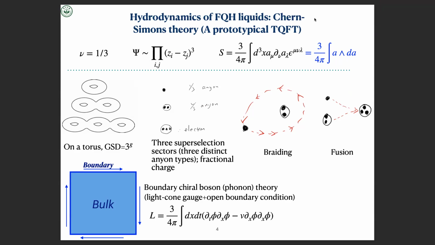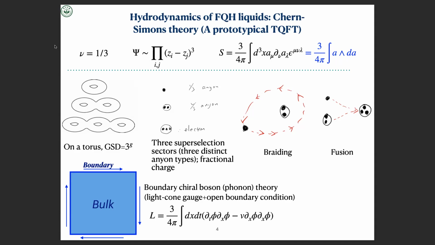From this TQFT, we can compute the very famous topological invariant, the ground state degeneracy GSD, which only depends on the genus of the manifold on which we put this Chern-Simons theory. For example, for the torus, the genus g is 1, so the GSD is 3 for this Chern-Simons theory. In addition to the GSD, we can also compute the number of superselection sectors, or how many distinct topological excitations there are in this 2+1D theory.